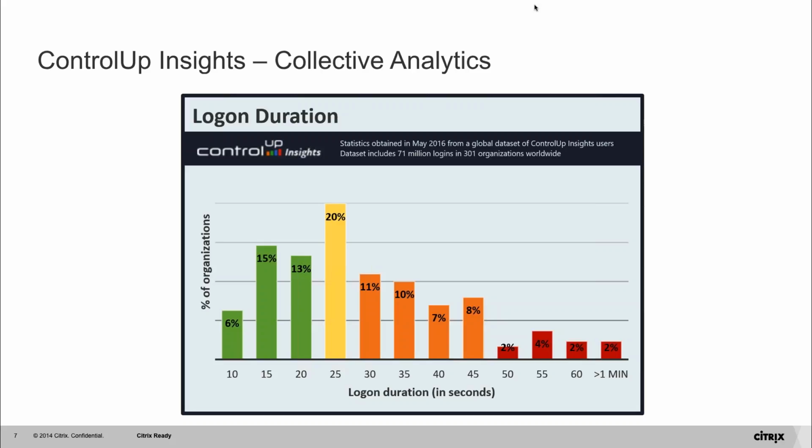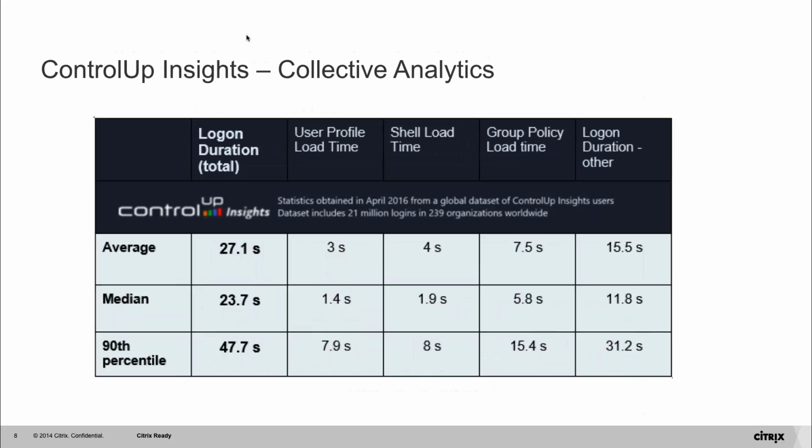Again, you can use these stats to place yourself here and see if you think you're doing a great job or there is room for improvement. We're going to look at more and more benchmarks, more KPIs, and share them with the audience, either via blogs or in the product itself.